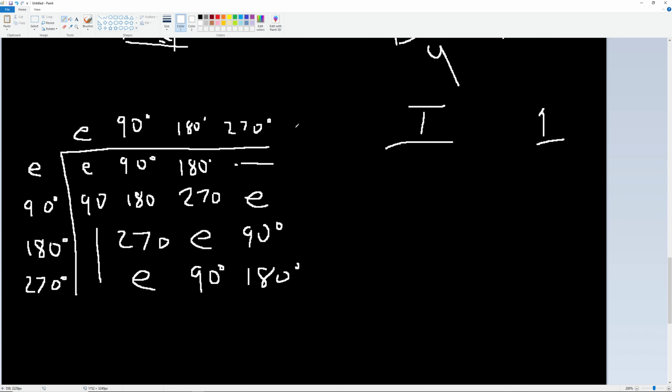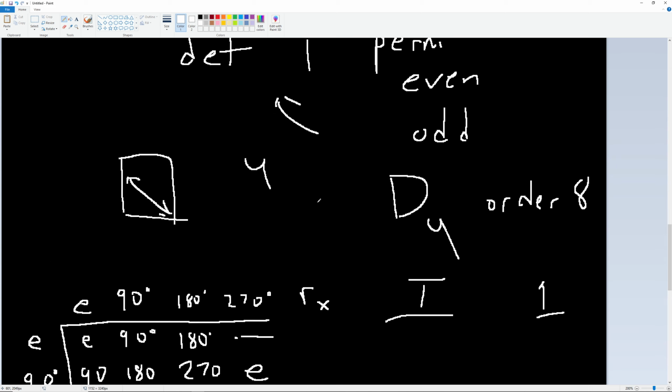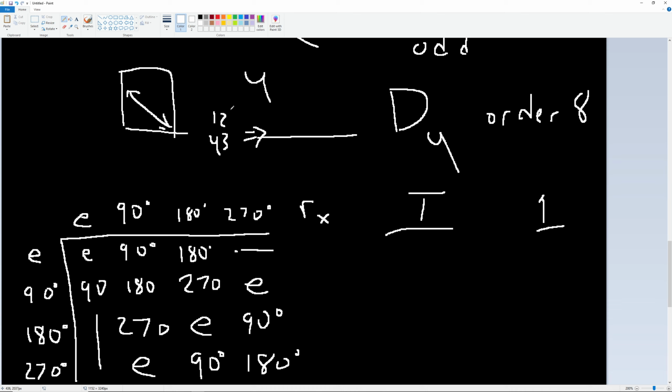Let's say you just pick some label, like Rx, for instance, which is reflection about here. It will go from 1, 2, 3, 4 to, and you kind of have to be creative and flexible, you can make up all kinds of labels, but reflecting about there will be 4, 3, 1, 2, right?